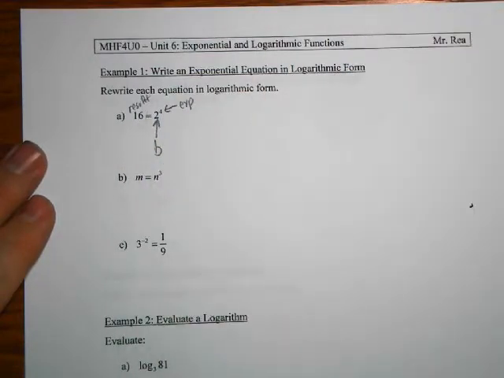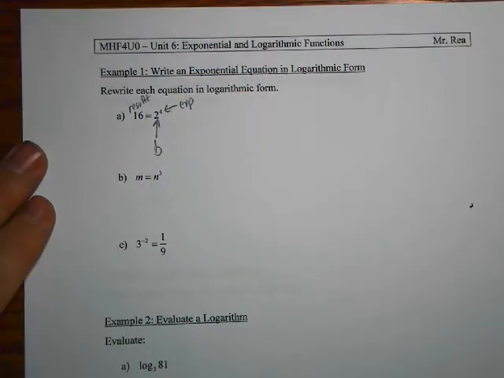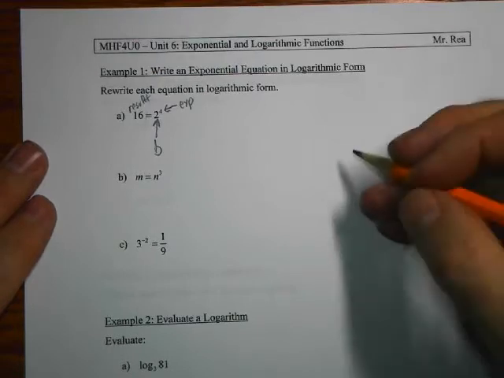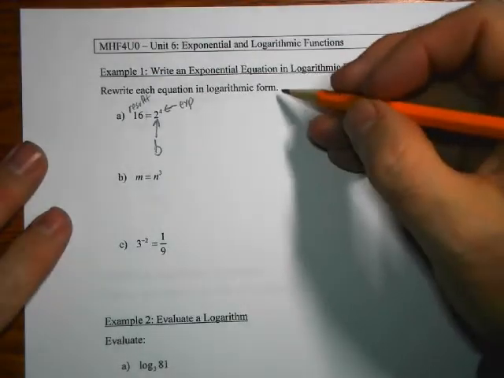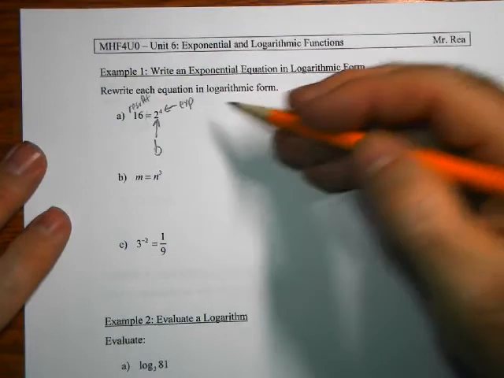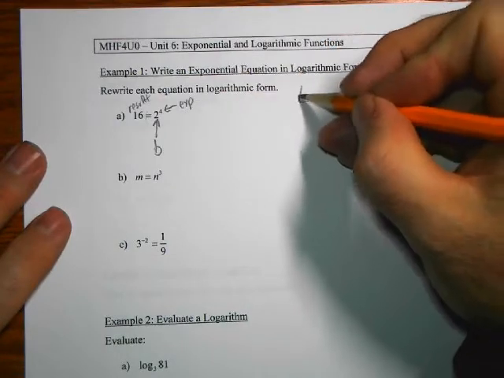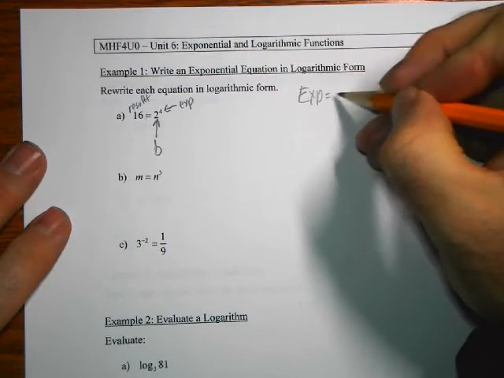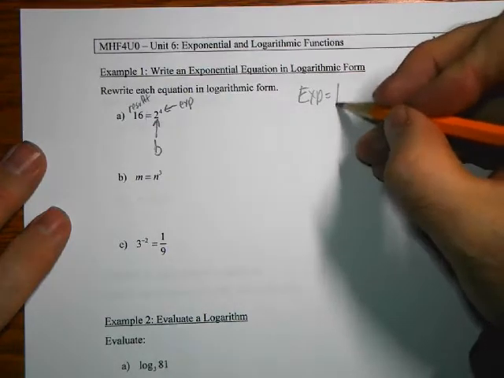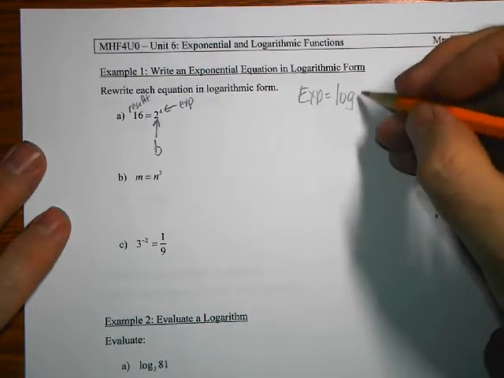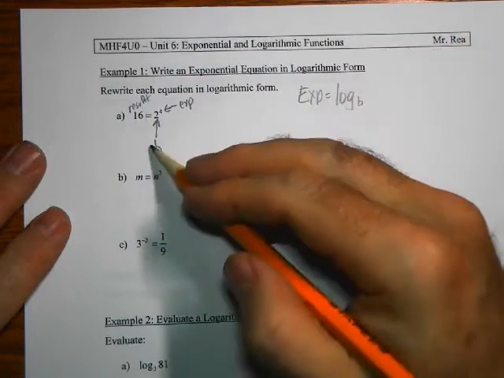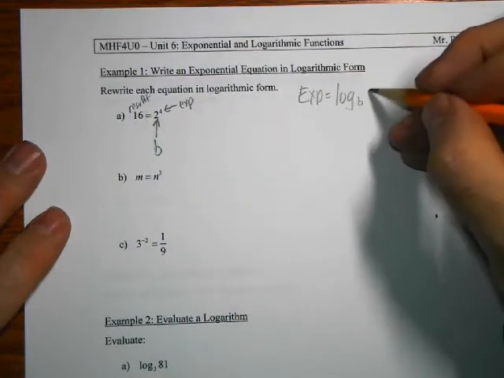So when I write this over to logarithm form, I want it to look like this. Remember, the log is an exponent, so it's got to be exponent equals log base b, and the base b is the same b as over here, of the result.